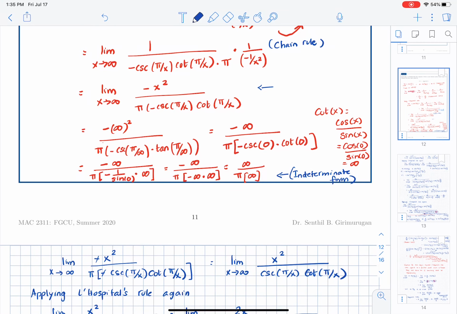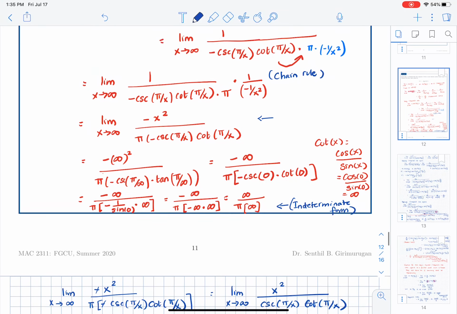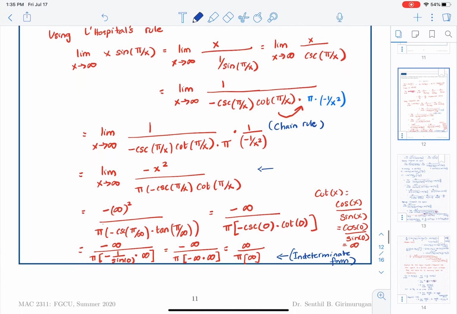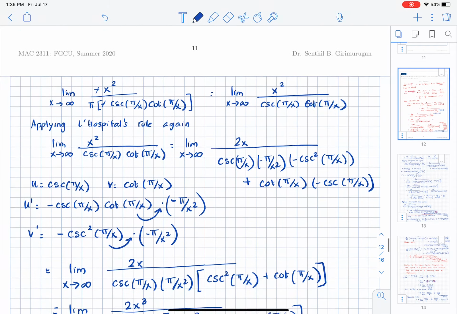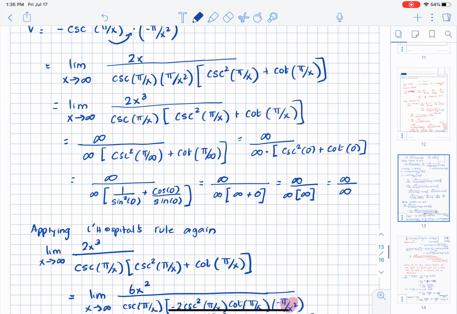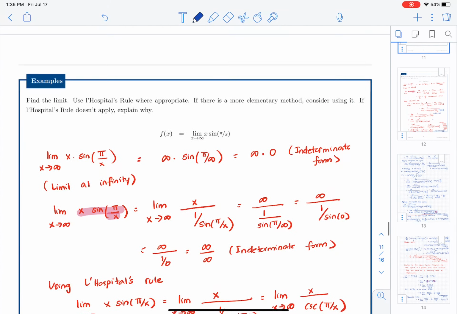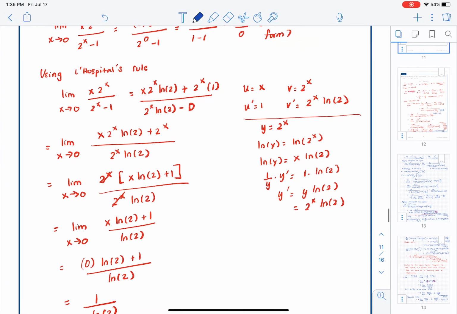If it's getting really, really hard as we move along, you can see as I applied L'Hopital's rule time and time again, the problem got more complex. Previously, in 2 steps, I got the answer, whereas I had to recursively apply L'Hopital's rule.